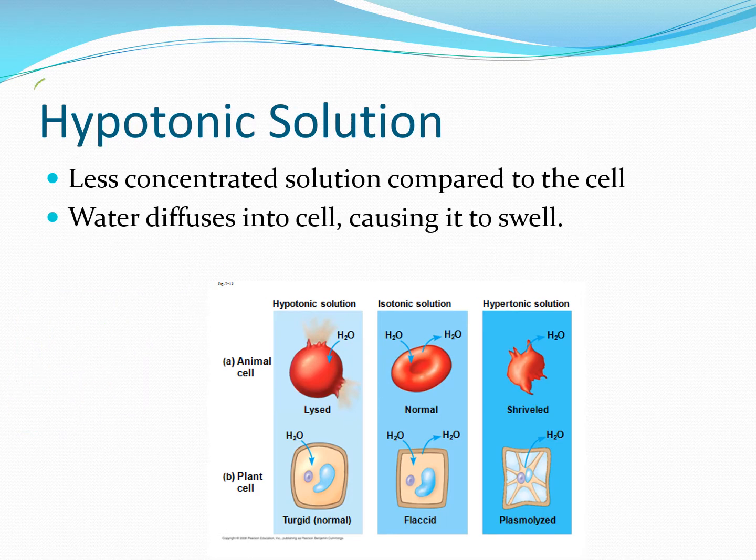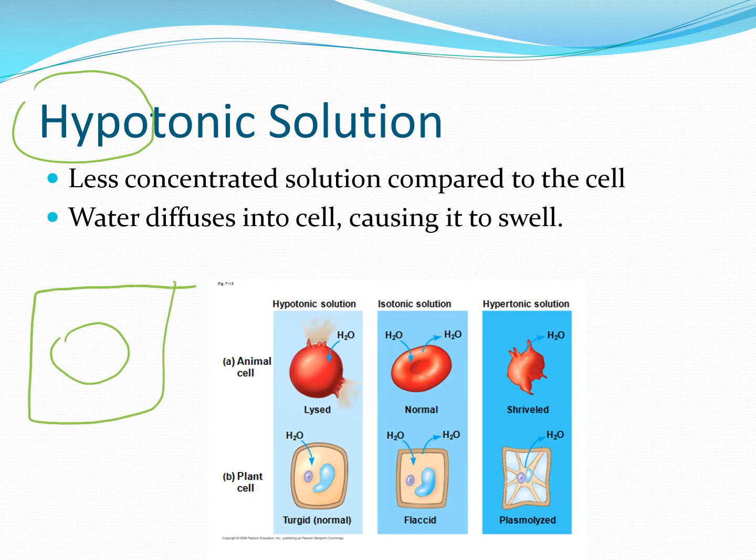In a hypotonic, like hypo, so it's opposite of hyper, so it's lower. So you have your cell, and then you have the container it's in, or the solution that's around it. The hypotonic solution means that the solution, in comparison to the cell, is actually less concentrated. So notice there's more stuff in the cell compared to the water itself or the solution.